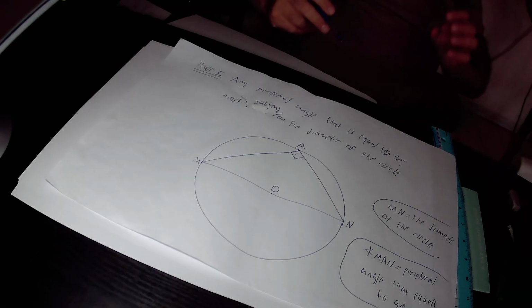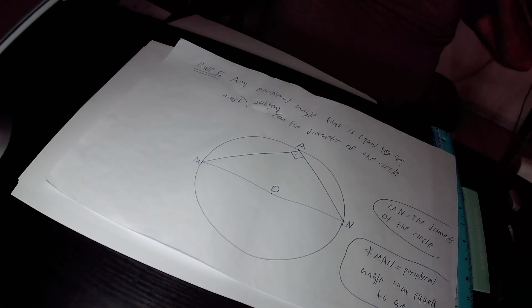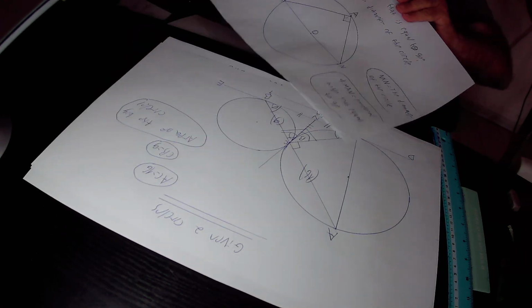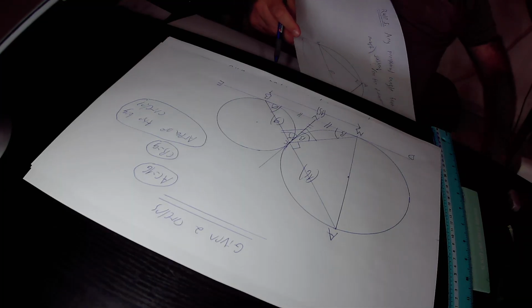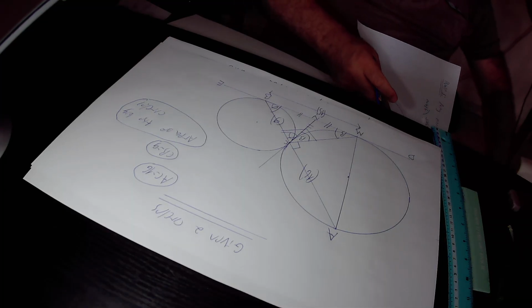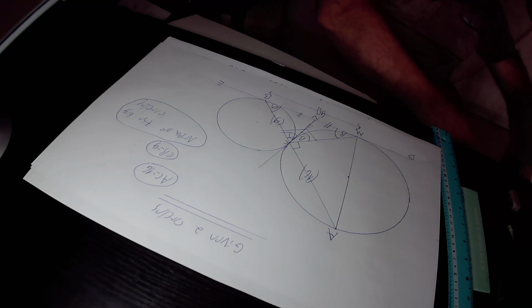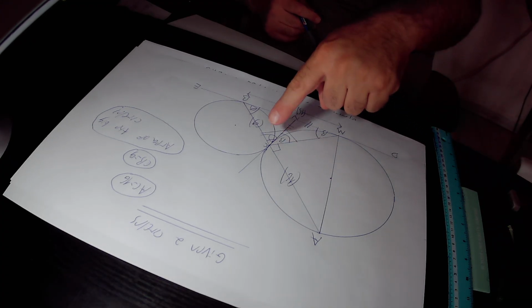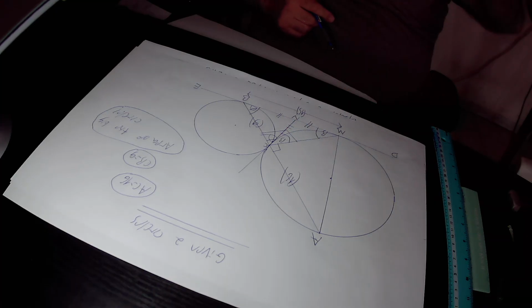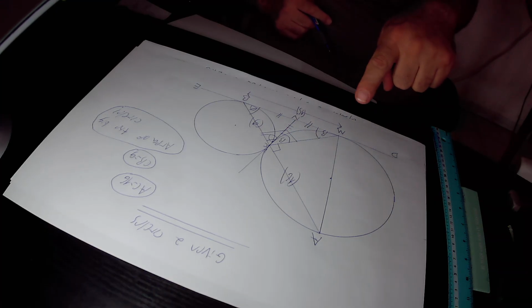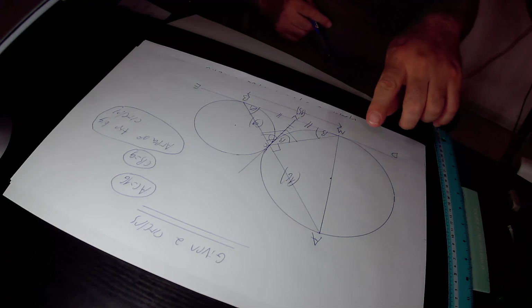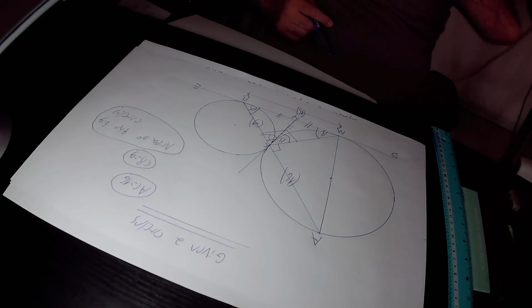So any peripheral angle that is equal to 90 degrees must subtend the diameter of the circle. So we can definitely implement rule 5 in our drawing. Why? Because in the big circle, we have peripheral angle ACM, that is a right angle, and therefore it must subtend the diameter of this circle.